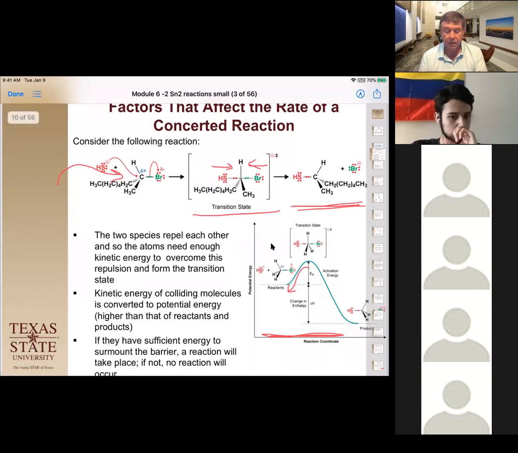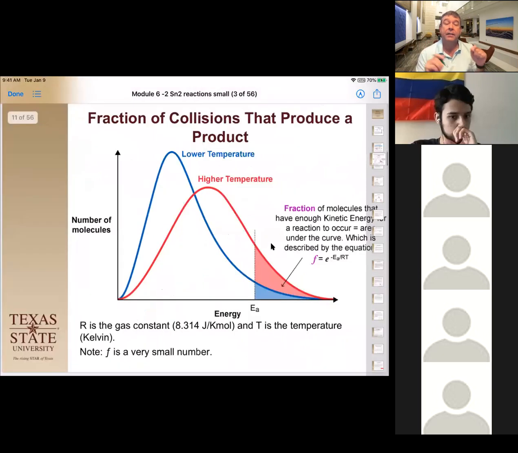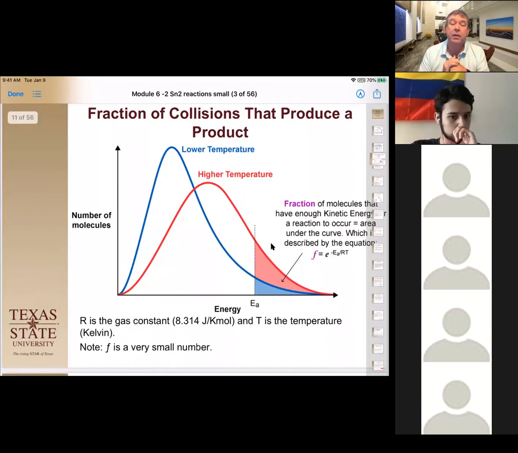Okay, so that brings us back to that temperature argument we talked about. Remember that rule of thumb was that we had to have enough molecules with enough energy to get up that energy barrier to get to that transition state. And once it got to that transition state, it typically cascaded down to the solution.